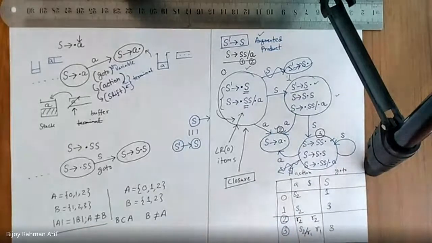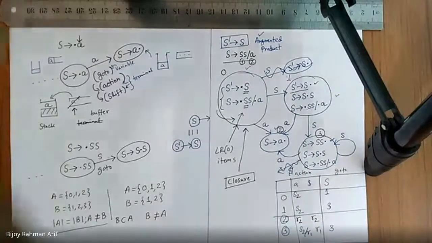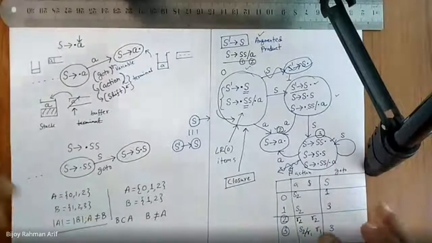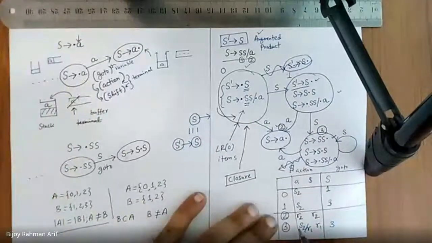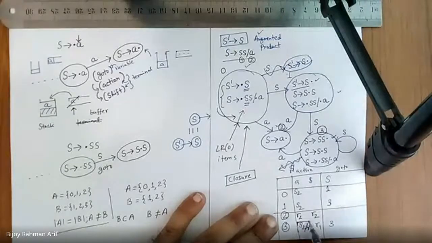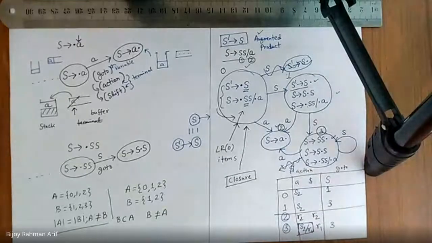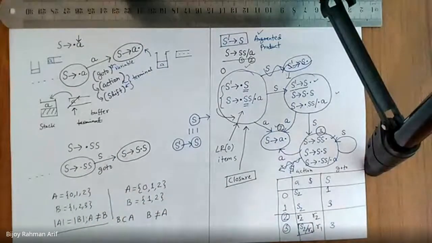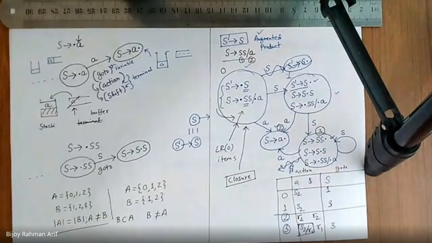Now see, there are multiple entries in a single cell. You have S2 and R1. If you go to this state, what would be your decision? Are you going to reduce or shift?